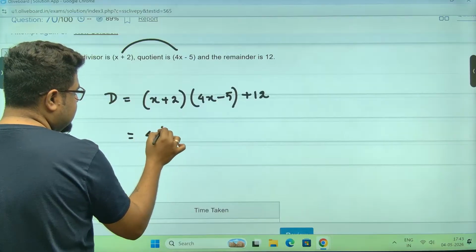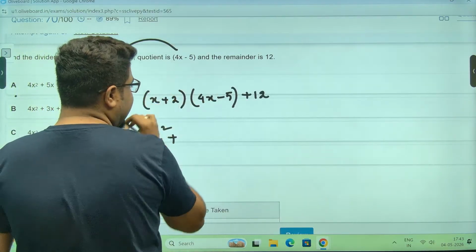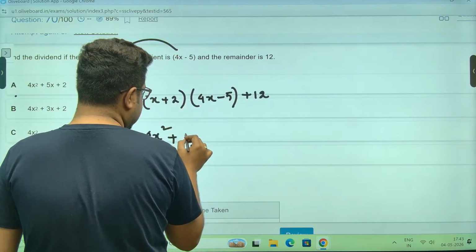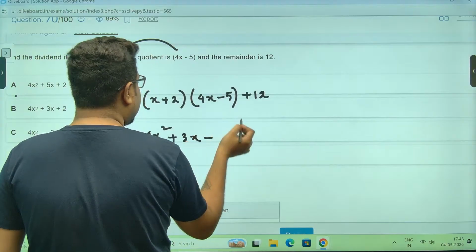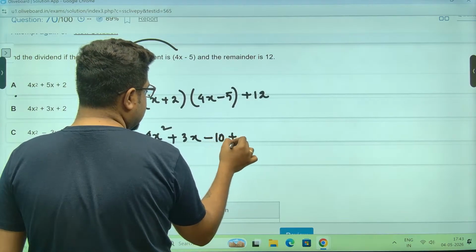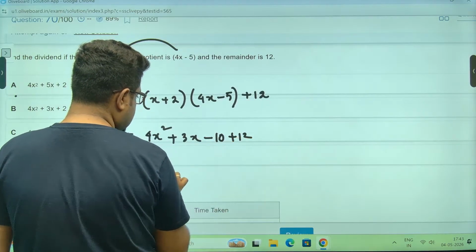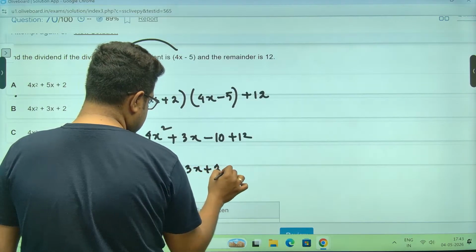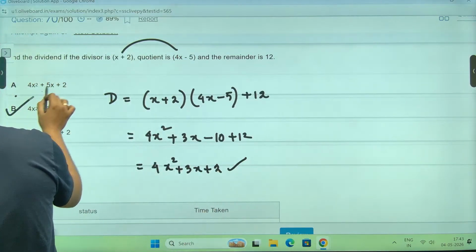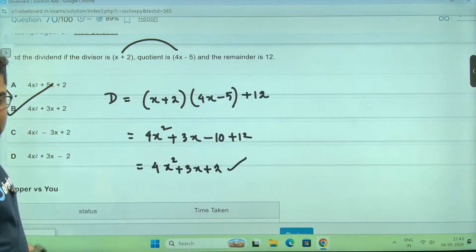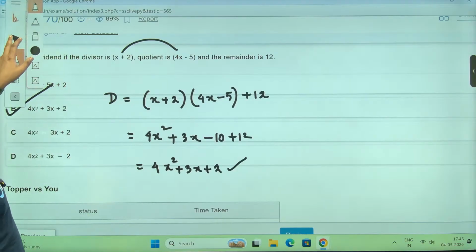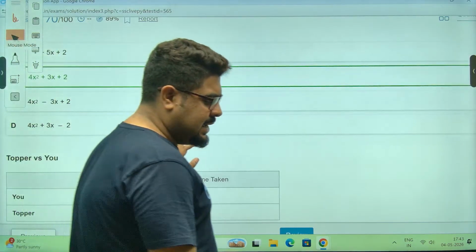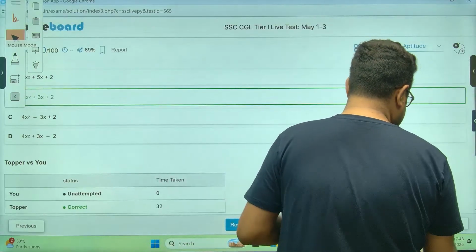So 4x square plus 8x minus 5x, meaning plus 3x, minus 5 twos are 10. So 4x square plus 3x plus 2, which is option number 2, sir. Done. Again, very simple. This is a class 2 level question.